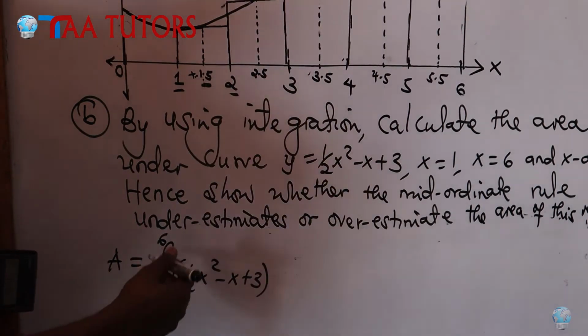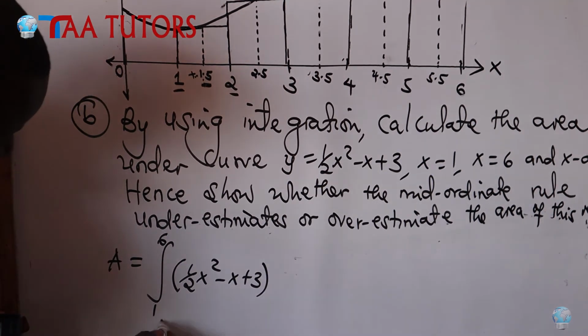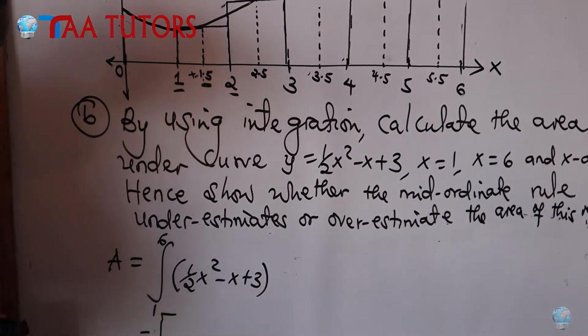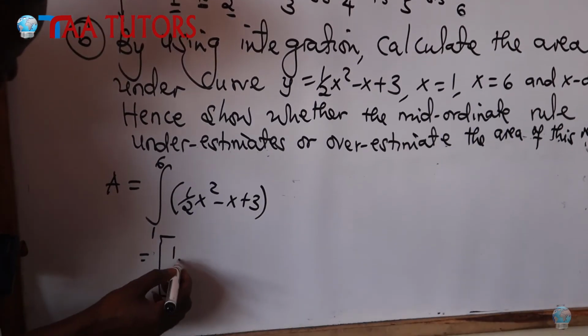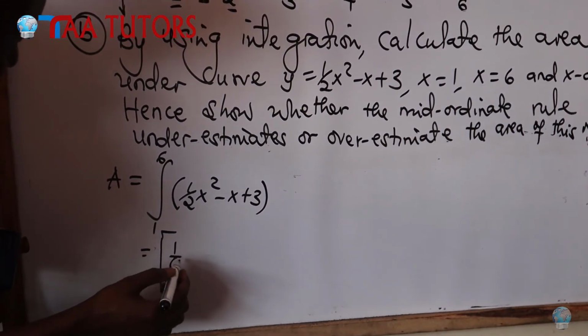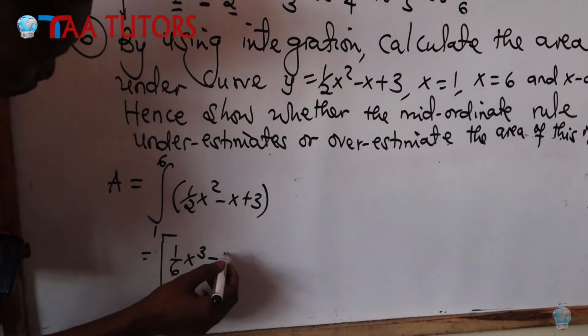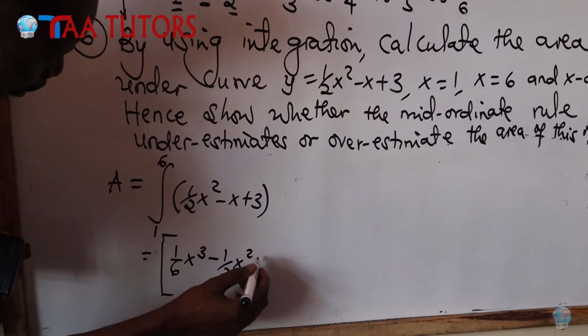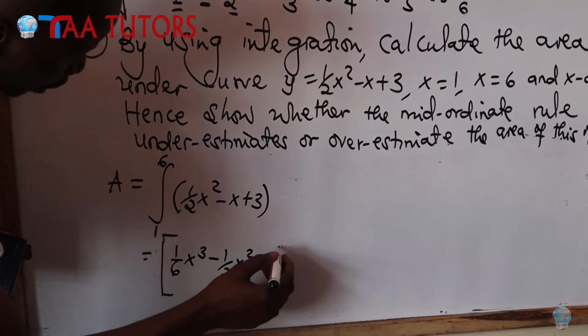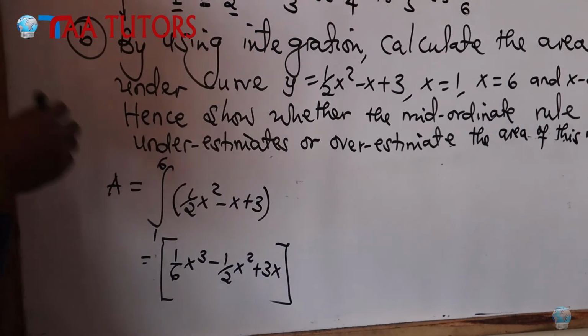If I integrate, this will be 1 over 6 x to the power 3 minus a half x squared plus 3x, plus c, but I will not include c.